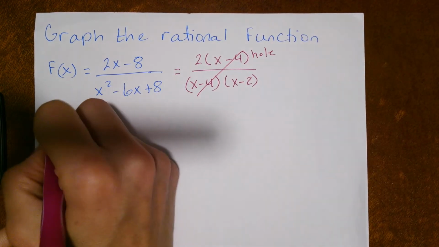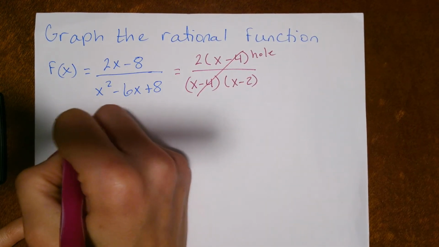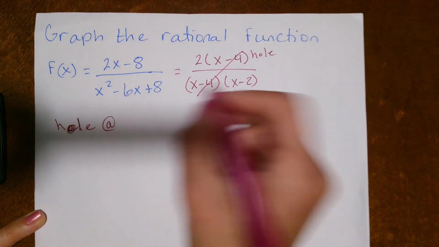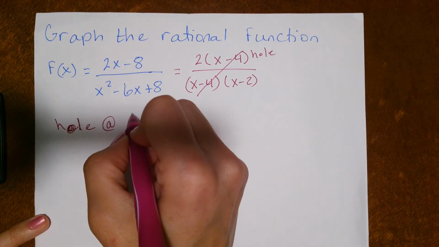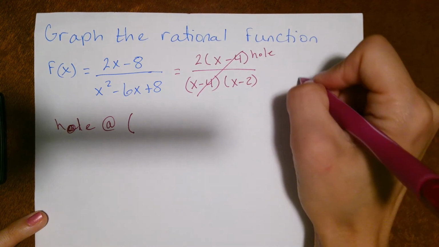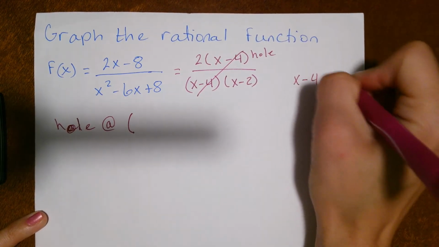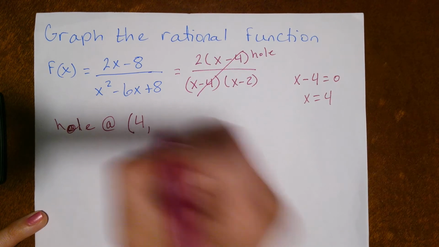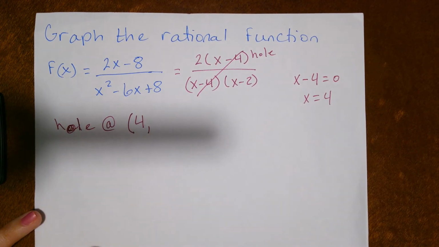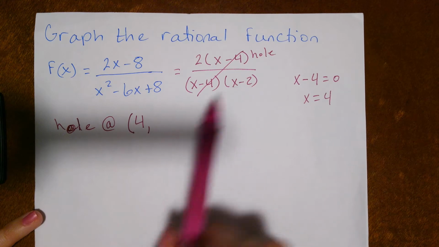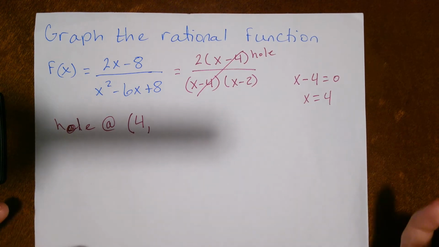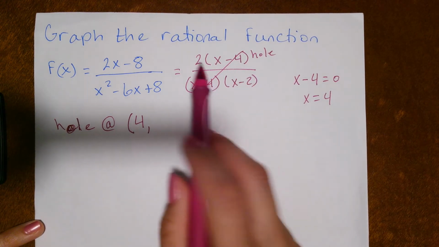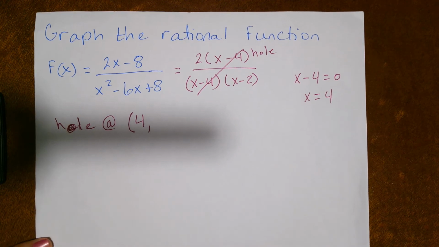So I know I have a hole at the coordinate, right? This is a point. If x minus 4 equals 0, then x is equal to 4. So the x value of this is 4. I need to find the y value. To do that, I'm going to use what we call the reduced or simplified form, which is just what I have left when I cancel out that common factor.